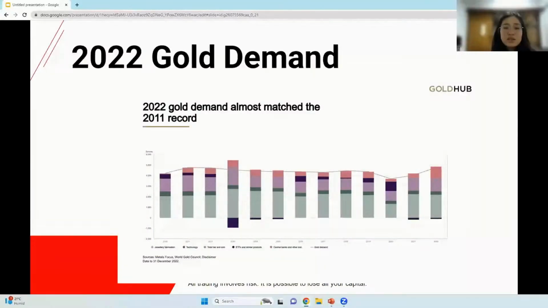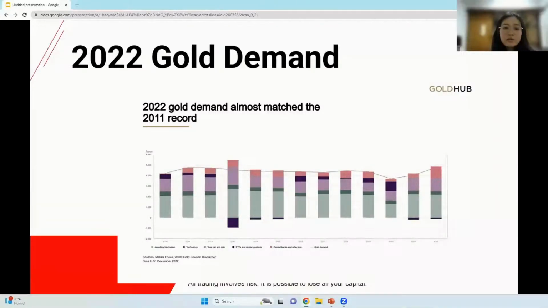Okay, so this is the 2022 gold demand. 2022 was actually the strongest year for gold demand in over a decade. It says here in this chart, 2022 gold demand almost matched the 2011 record.